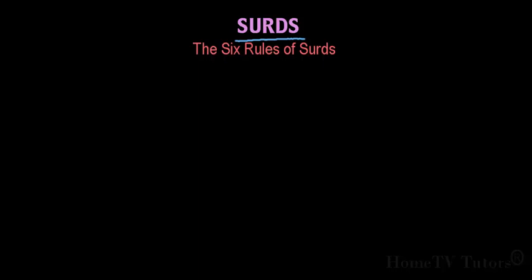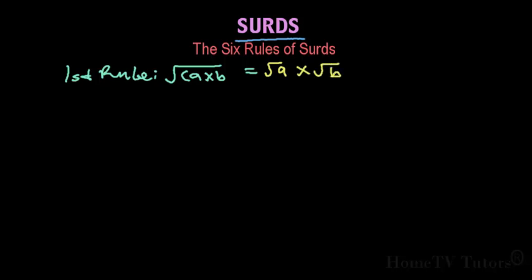Okay, so the first rule: the square root of the product A and B is equal to the square root A times square root B. So we will write this as this. You don't need to cram anything. Just follow the explanations.